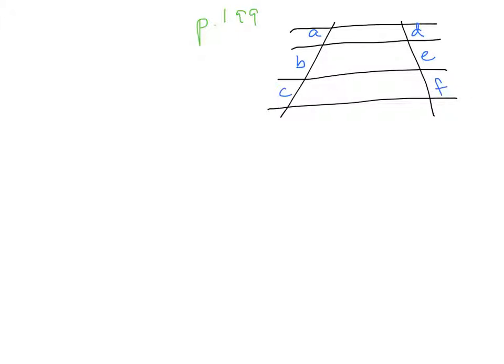I want you to look at the questions, the proportions, and fill in these proportions. A is to C as blank is to F. Then we have F is to E as C is to blank.